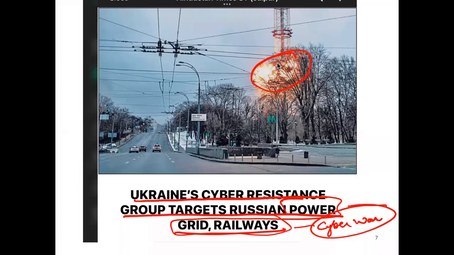That's true for any two countries. But in cyber war, you can be anywhere and cause damage, because wherever the internet is, you can always reach there.